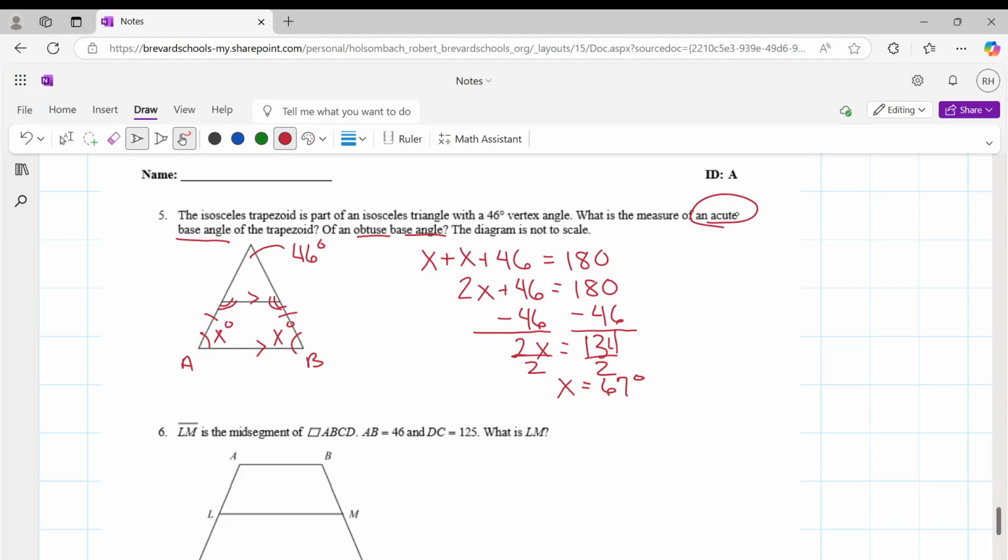So what is the measure of an acute base angle? Well, the acute base angle is equal to 67. The obtuse base angle is going to be this angle right up here.